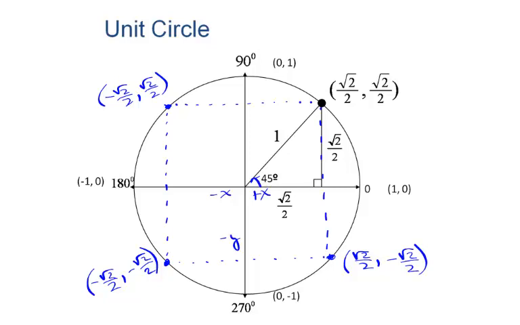So we've gone all the way around the unit circle, and we have found cosine and sine values, basic trig values, for more than just 45 degrees. We have found it for 135 degrees. That's this angle measure.